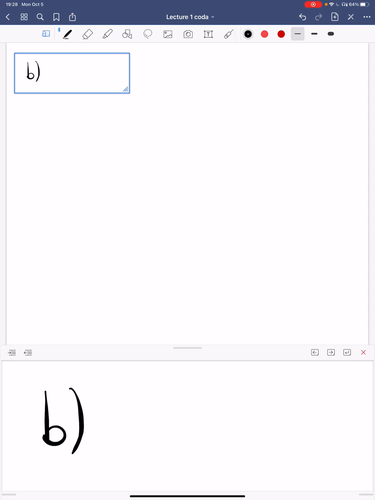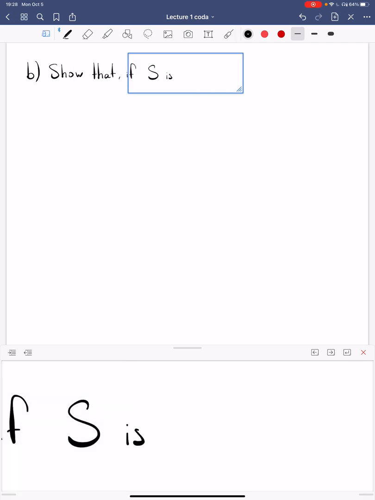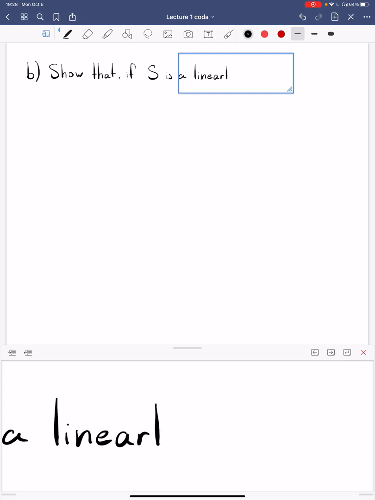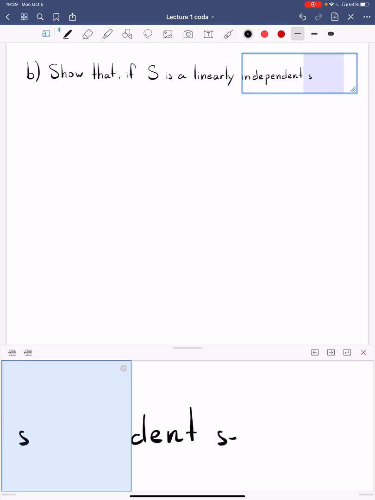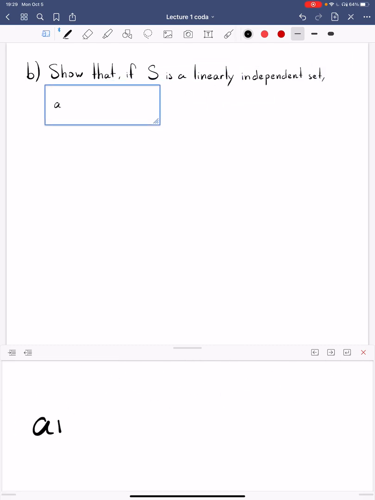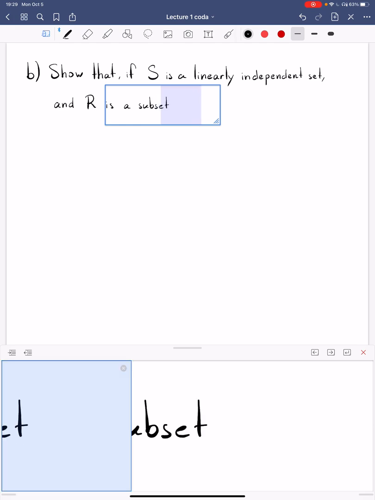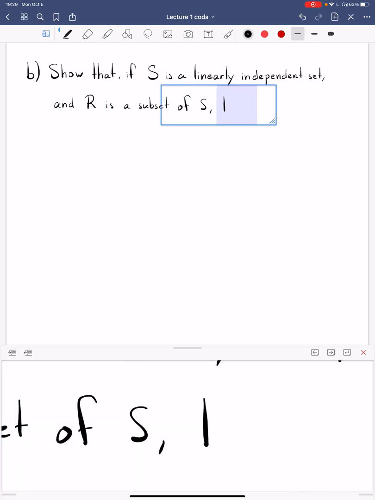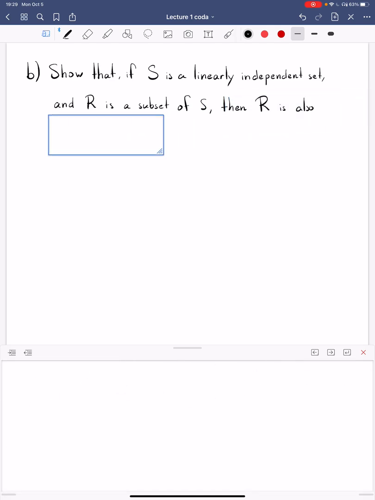Show that if S is a linearly independent set, and R is a subset of S, then R is also linearly independent. This might have been 2C, I don't know, it doesn't really matter.